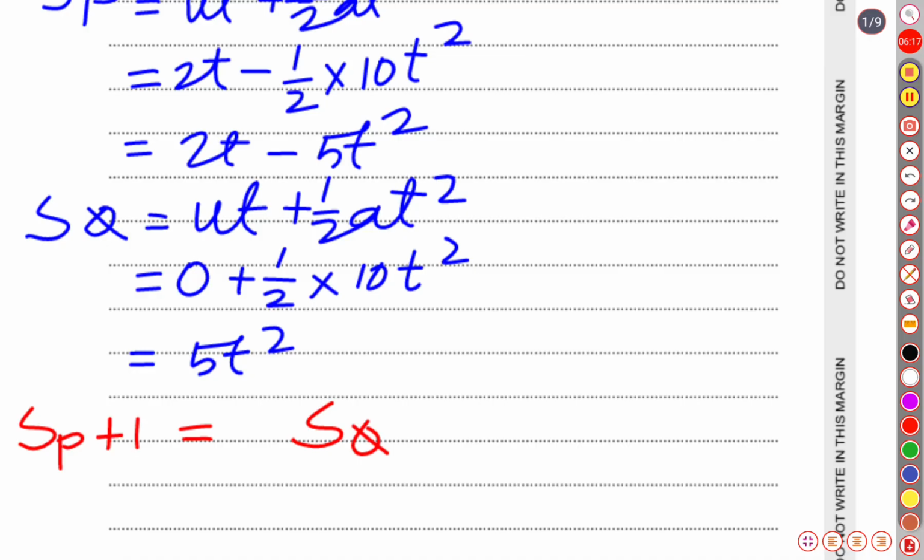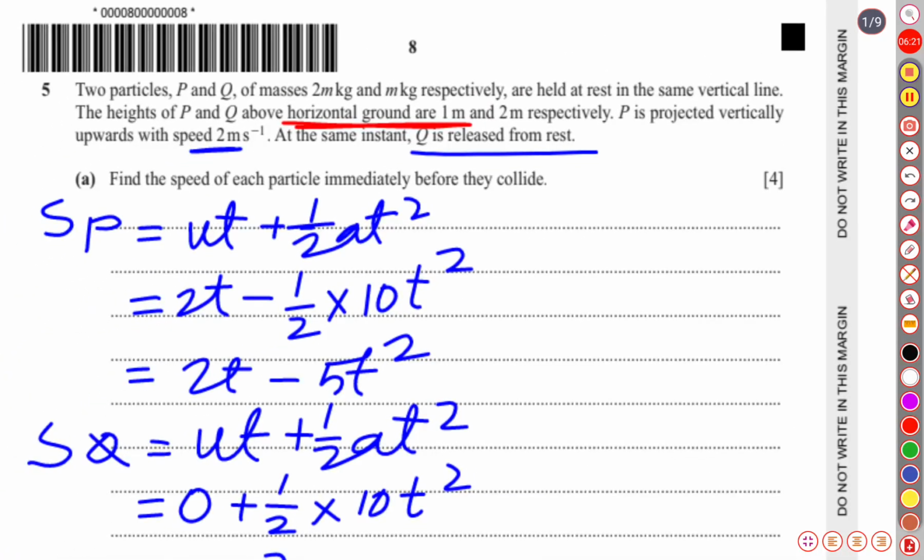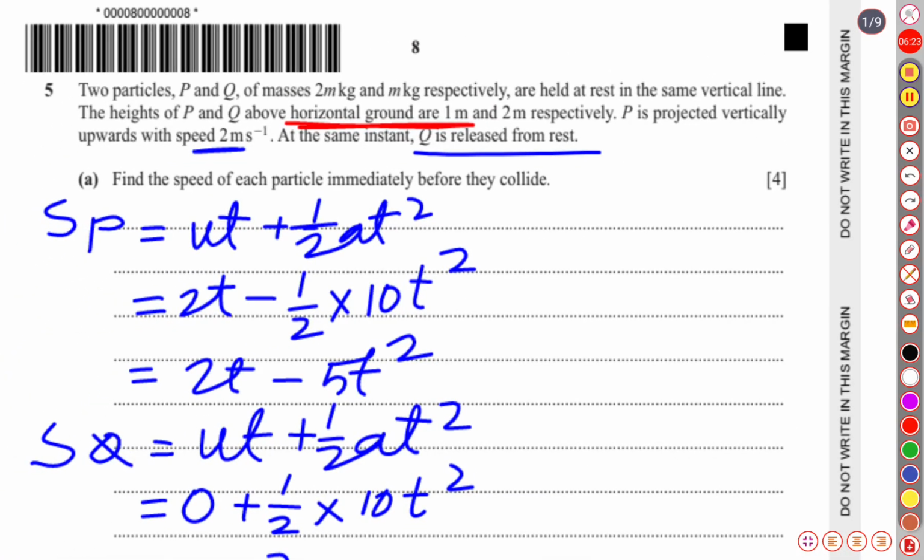Now the height of the particle Q from the ground, what is written about Q? Look at this, Q was 2 meters above the ground. But if we read the question carefully, we will find Q was moving downward. That's why the final height must be less than 2 meters.